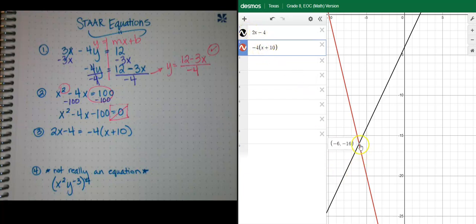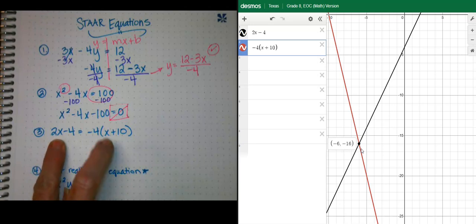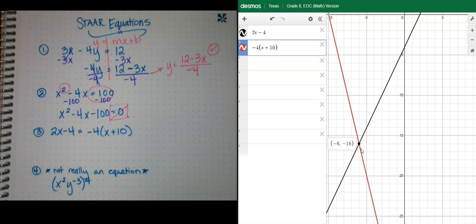So you just go to where they cross and look at your x value, and it's negative 6, because this is an x and this is a y. X equals negative 6 is your answer in that case. If you plug negative 6 into here and negative 6 into here, you'll realize you get 16 on both sides, and they are indeed equal. So the solution to that is negative 6.